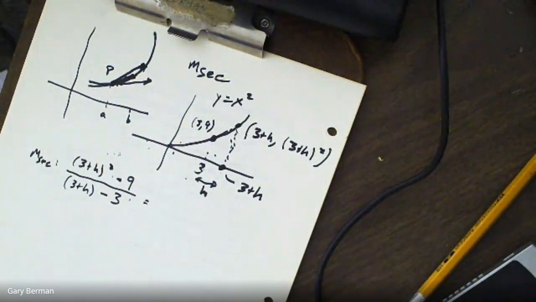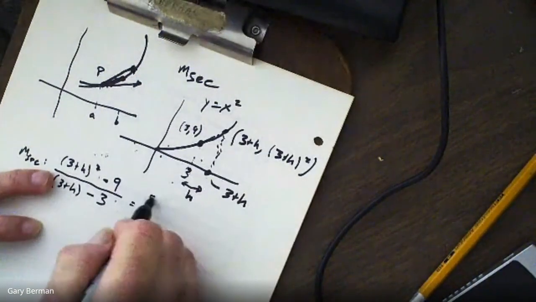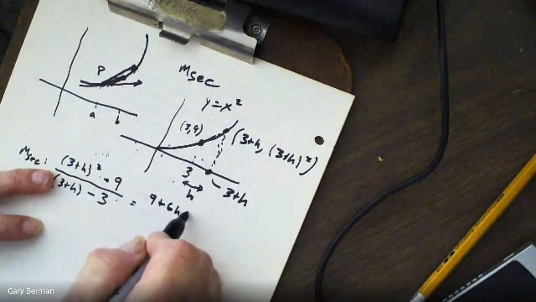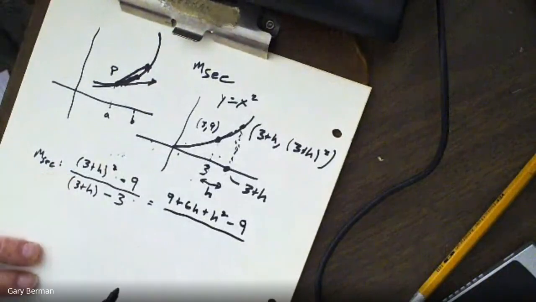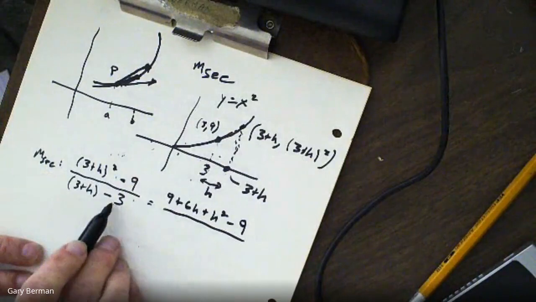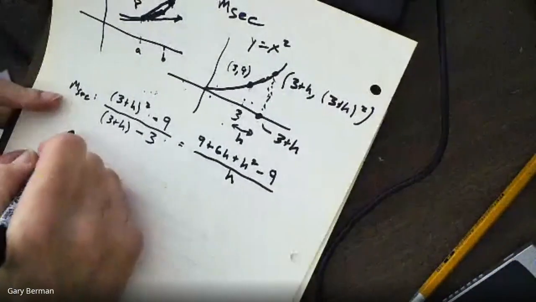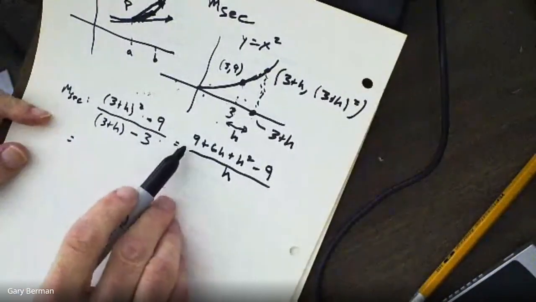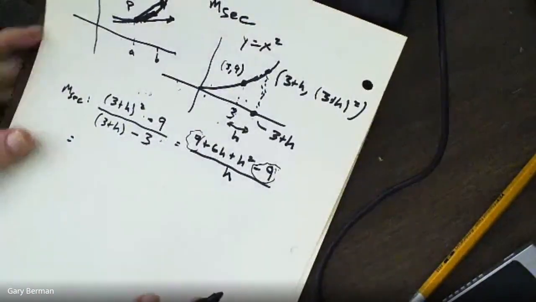Let's actually work this out. We have to FOIL out (3 plus h) squared. That's going to be 9 plus 6h plus h squared, minus 9 on top. And the bottom is 3 plus h minus 3, which is simply h. On top, we notice that the plus 9 and the minus 9 cancel out.